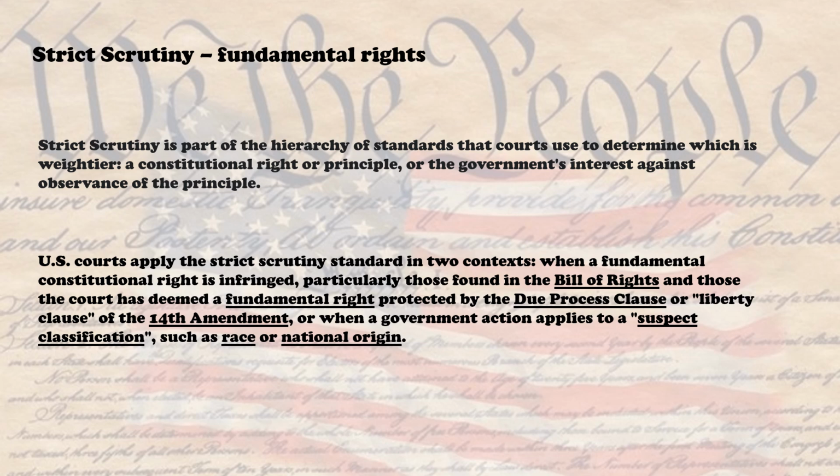One, when a fundamental constitutional right is infringed, particularly those found in the Bill of Rights and those the court has deemed a fundamental right protected by the Due Process Clause or the Liberty Clause of the 14th Amendment, or when a government action applies to a suspect classification such as race or national origin.